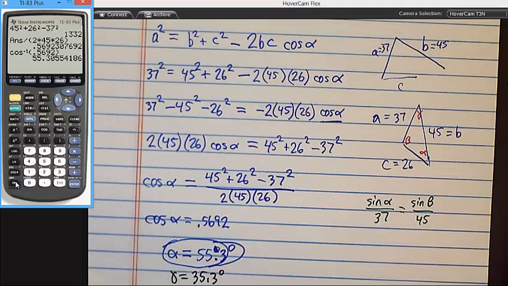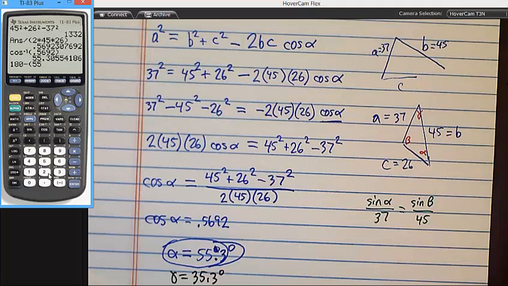Hey, for example, once you know alpha and gamma, don't you have beta like for free now? Because what do you know? The angles all have to add up to what? 180. So if I already got gamma, let's say, I could do 180 minus the sum of whatever this is.